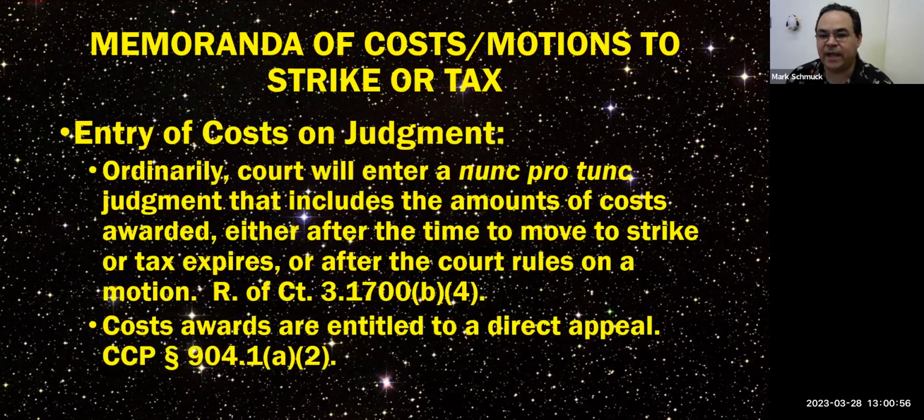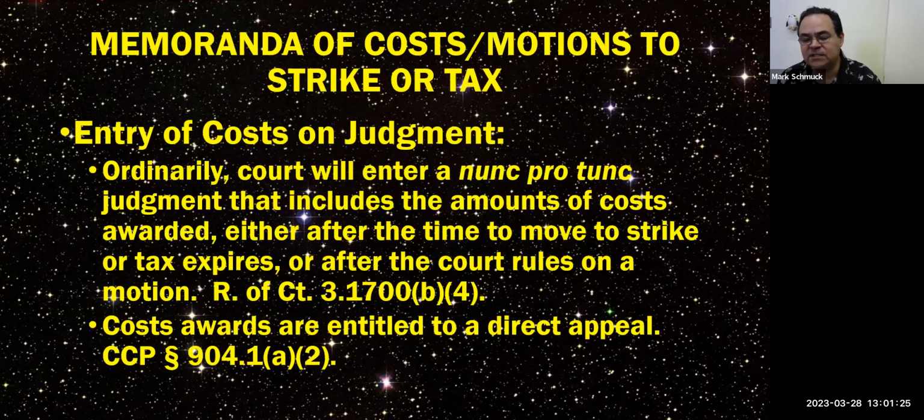Now, to answer that first question, what happens when you have your costs finalized? Either no motion is filed, or the motion is denied, at least in part. So ordinarily, the court enters a nunc-pro-tunc judgment that includes the amounts of costs awarded, either after the time to move to strike or tax expires, or after the court rules on a motion.